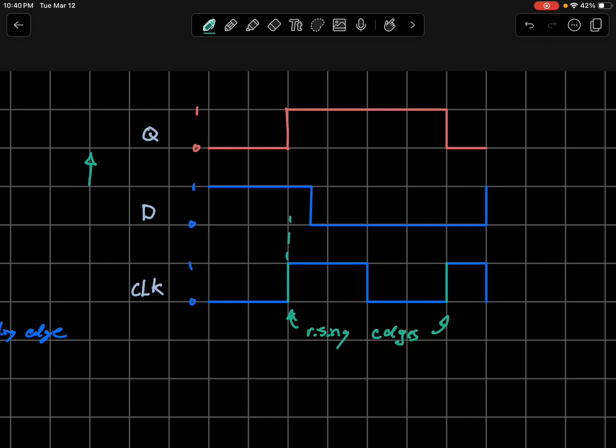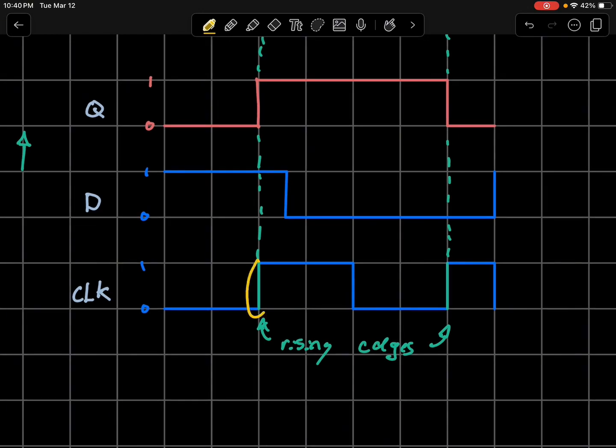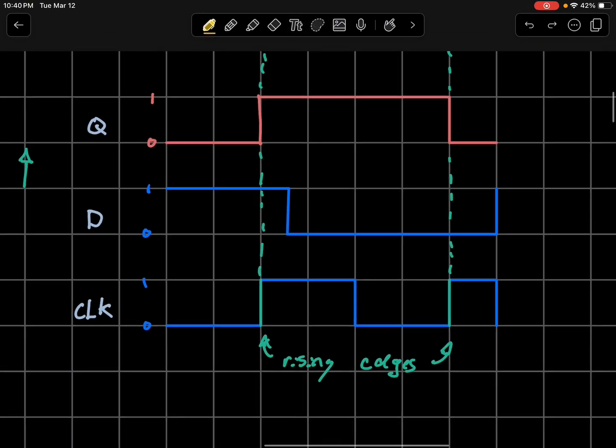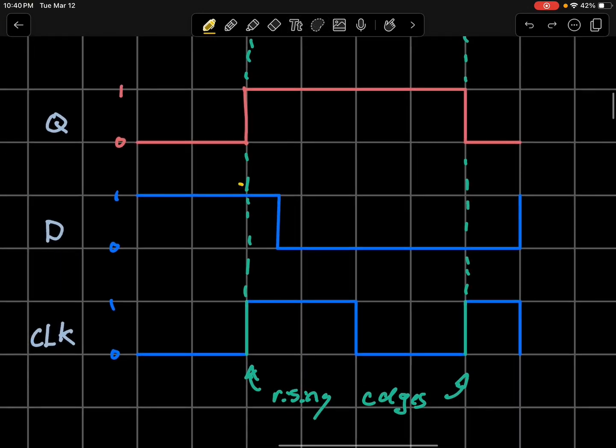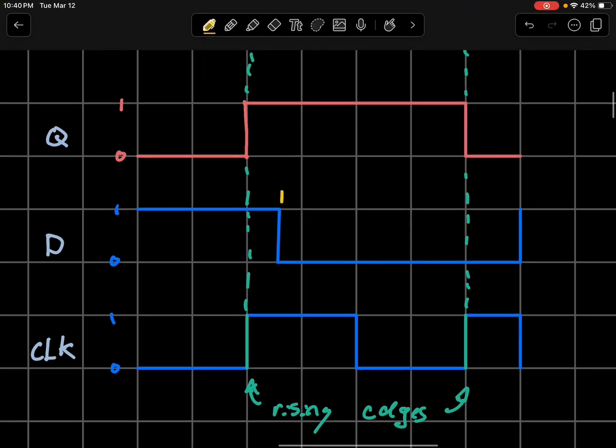So let's create a little line to see where they end up. So right here, we see that there's a rising edge here. So we're going to take a look at data. Data at this point here is a 1. So that means Q, the output, will be 1, or it'll start to be 1.